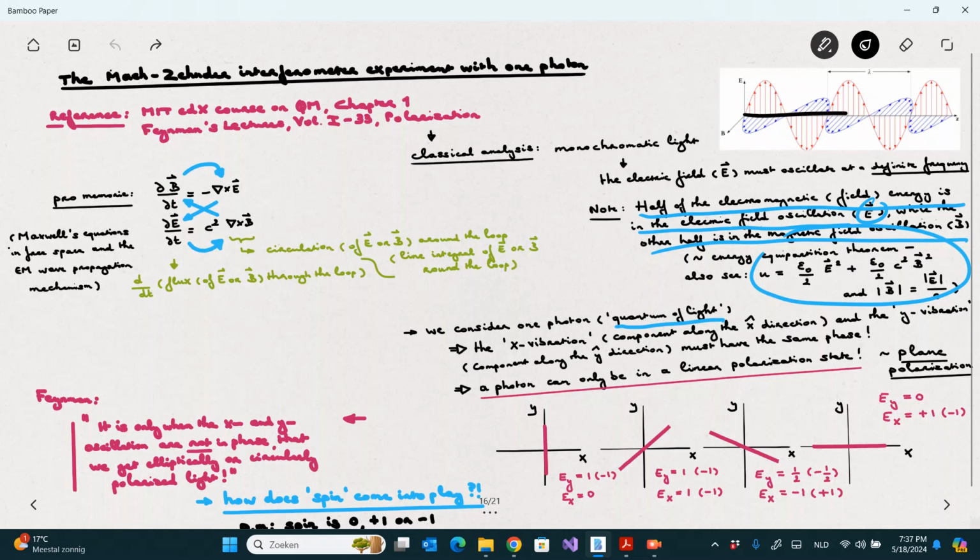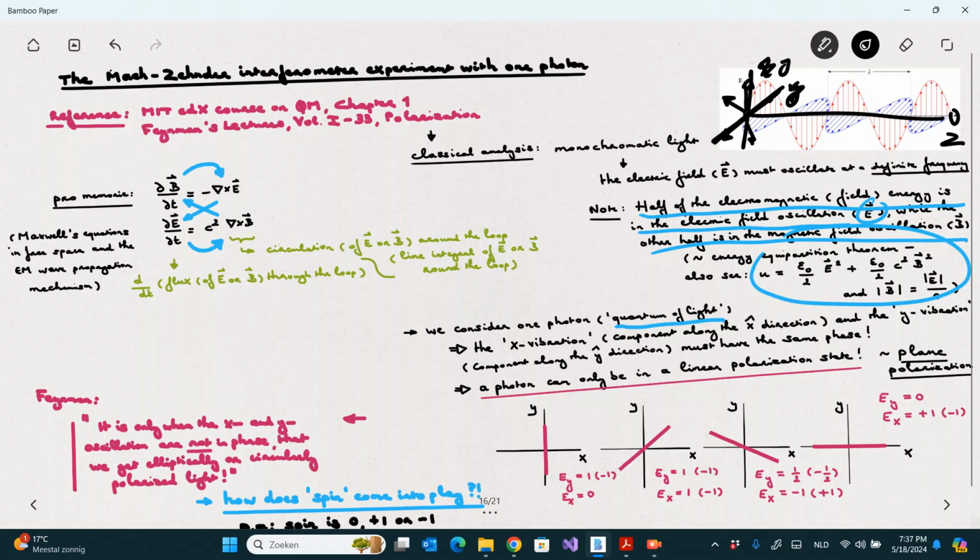So we have an X vibration. Here, let's call the direction of propagation the Z direction. So we will have an X and a Y direction, but specifically for the electric field direction, it doesn't necessarily need to be in this direction, it could be in this direction or in any direction.